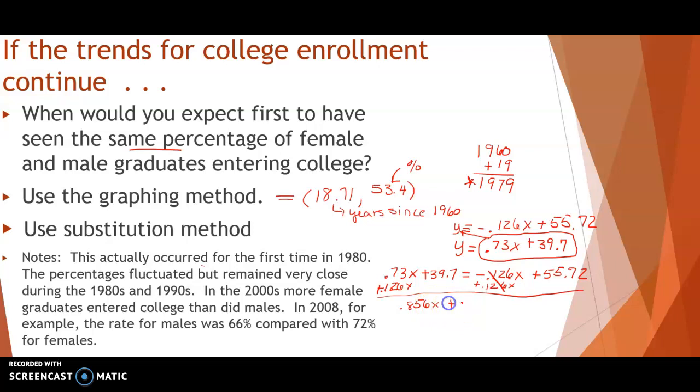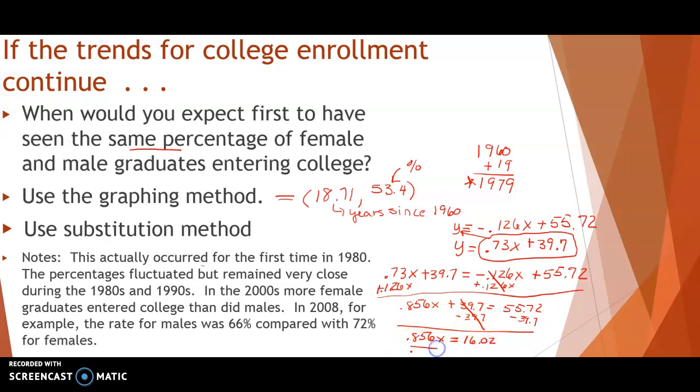I still have that plus 39.7, and that's equal to 55.72. So then I can subtract the 39.7 from both sides. And doing that allows these to cancel. So I have 0.856x is equal to, doing this math on my calculator, 16.02.